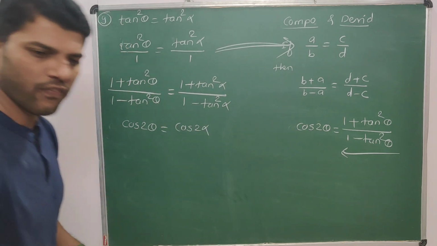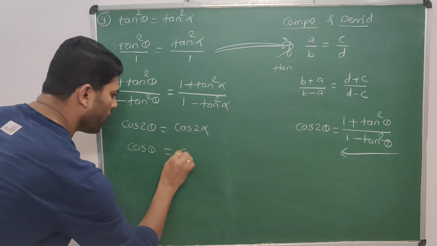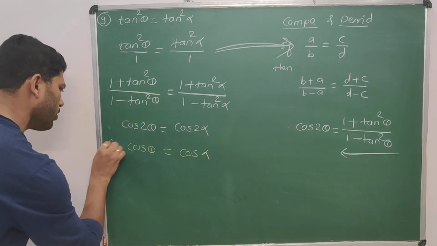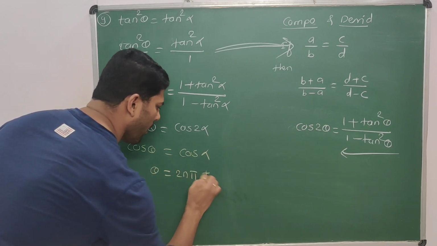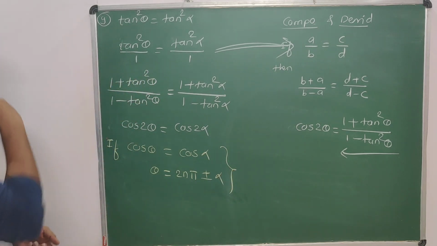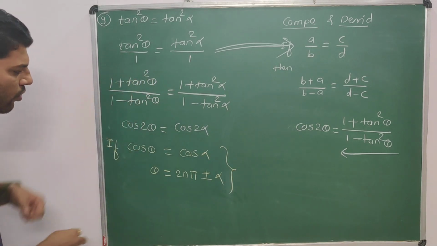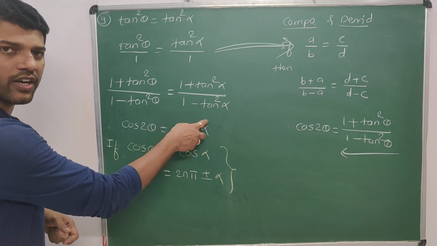And we already faced this particular case of general solution. If cos theta equal to cos alpha, then the general solution was 2n pi plus minus alpha. This we already studied in previous cases. So let's apply this over here. The only change is that instead of theta it's a double angle, and instead of alpha it is a double angle.